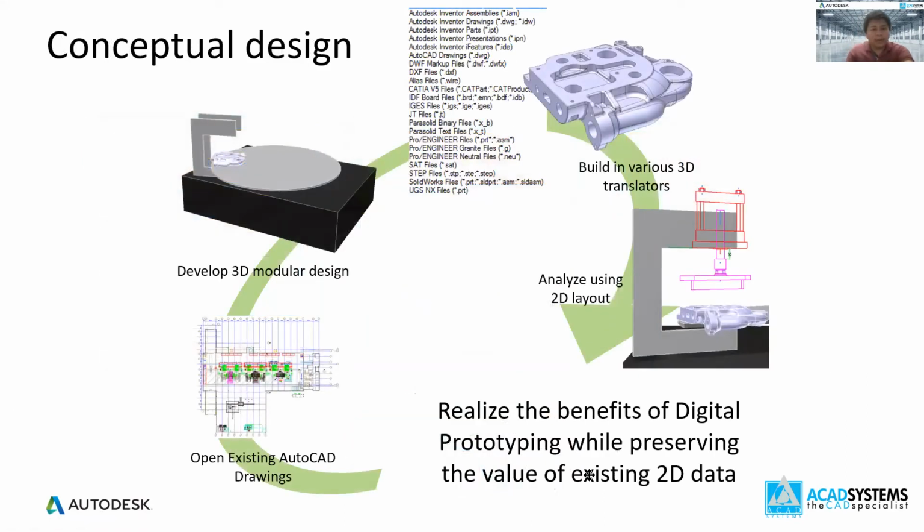Normally we already have the 2D drawing from AutoCAD itself, and then how do we develop your 3D design? If you have the 3D design from another software, how are we going to open your file inside Inventor and how to edit it?